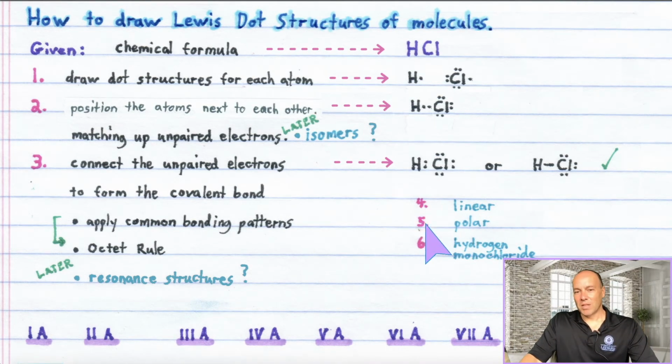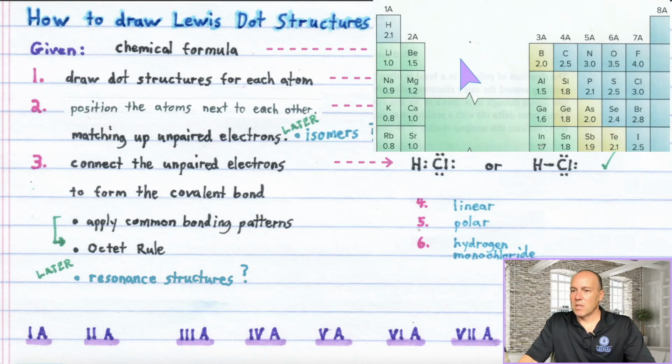This molecule is also polar. You see, chlorine has the ability to pull this shared pair of electrons a little bit closer towards its end of the molecule. We say that chlorine is more electronegative than the hydrogen atom is. And I'll remind you that the electronegativity table tells us the ability of an atom to pull electrons away from another atom. And here it is.